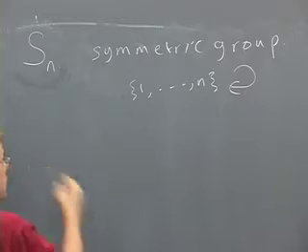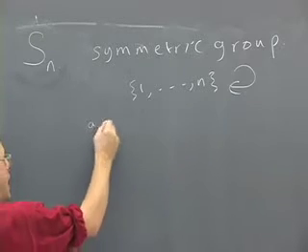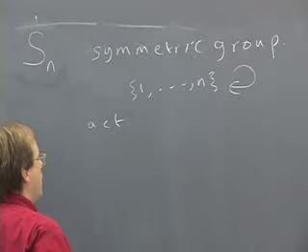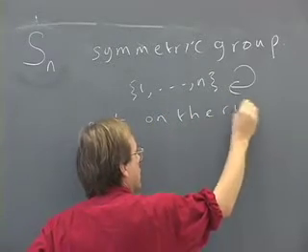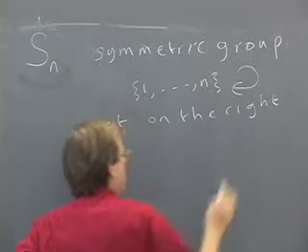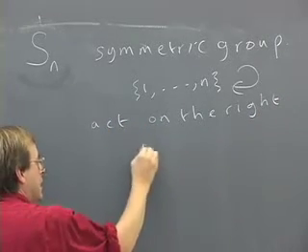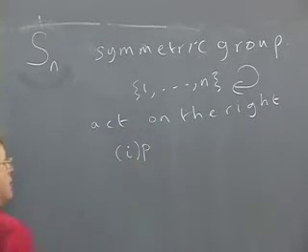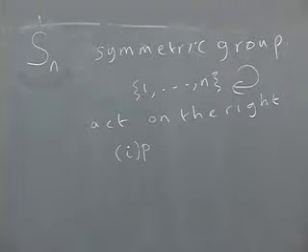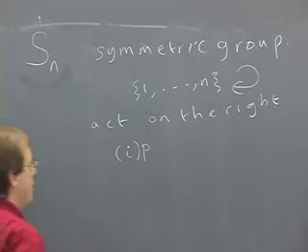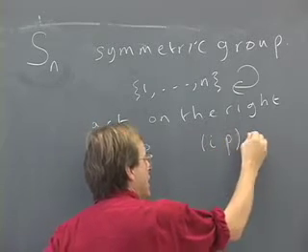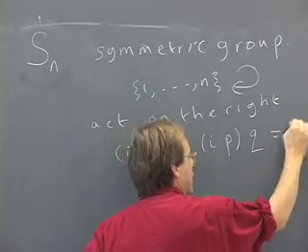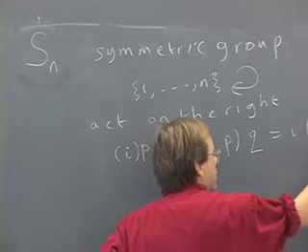So these permutations are going to act on the right, which means I'm going to write i P rather than P of i. This has the effect that if you first act on i by P and then on Q, it's the same as acting on i by the product PQ.